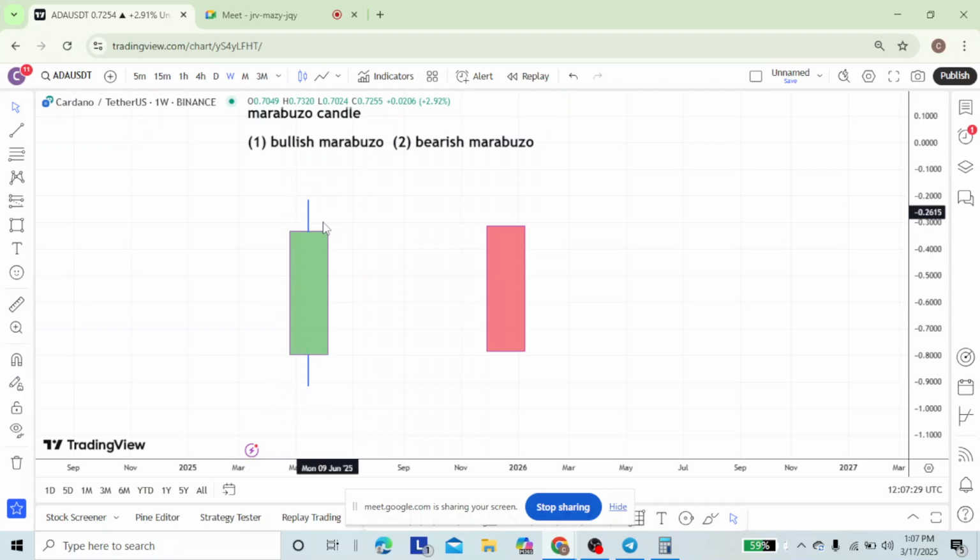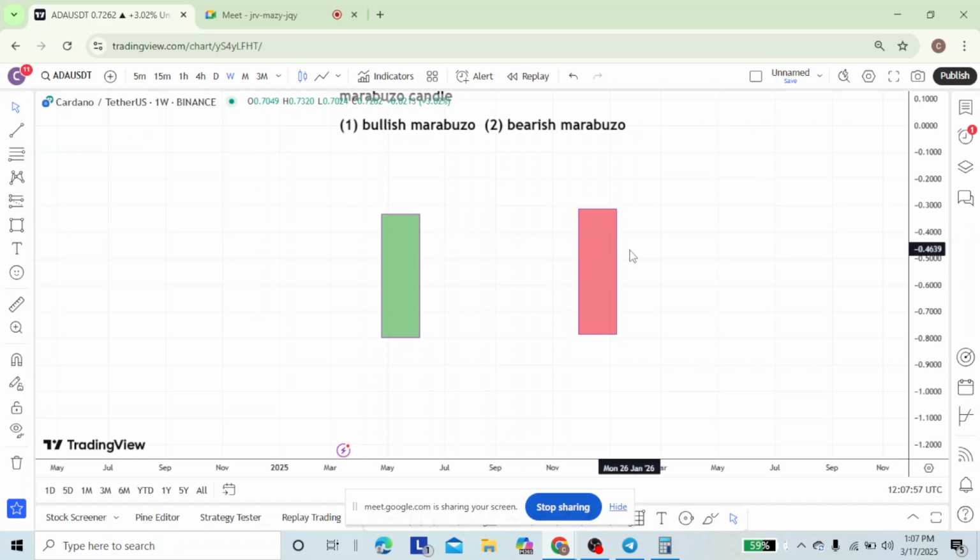And if at all a Marabozo candlestick is going to have a wick, the wicks are usually very small, like something like this, and sometimes they might have no wicks at the bottom. So it can look like this. You can see that the wick at the top is very small. So it can look like this, or it has no wicks at all.